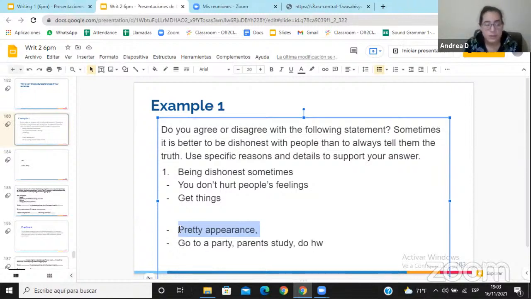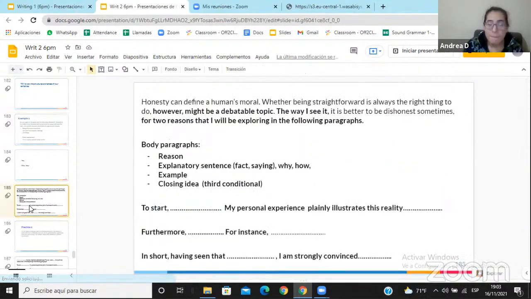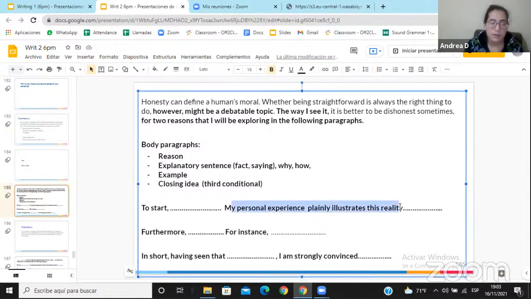You can tell a story and say, my personal experience plainly illustrates this reality. Then you can say, at my 21st birthday party, my friend was going through some bad experiences and was a bit insecure about herself.